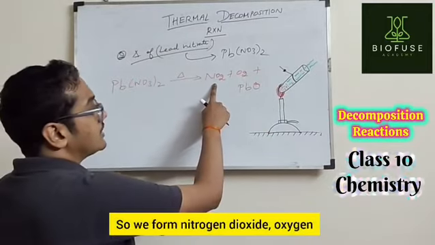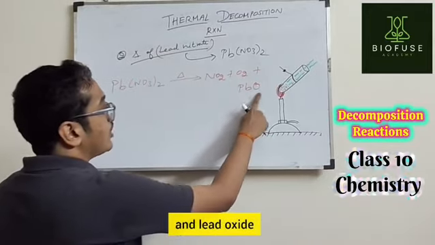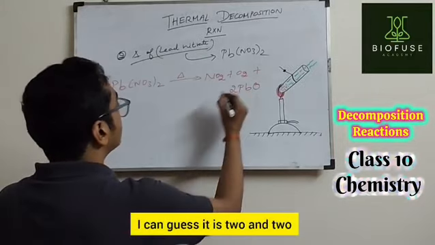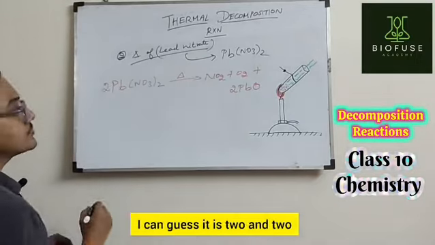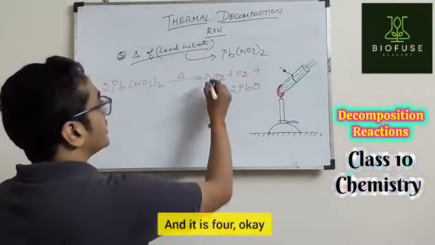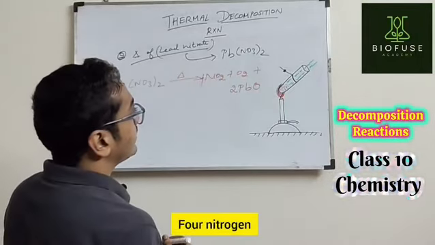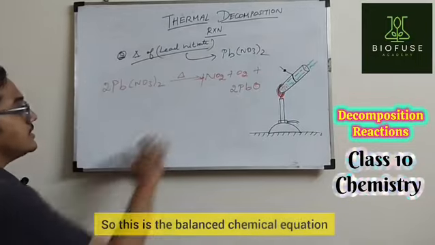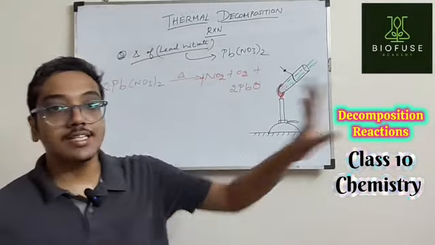So we form nitrogen dioxide, oxygen and lead oxide. Now we need to balance the equation. I can guess it is 2 and 2, so I guess it is balanced, and it is 4 nitrogen. Yes, okay. So this is the balanced chemical equation for this experiment.